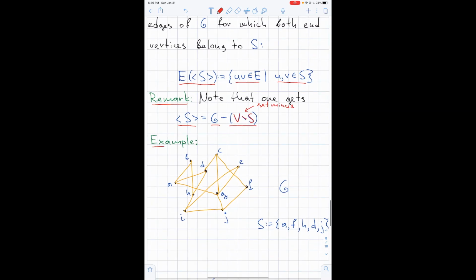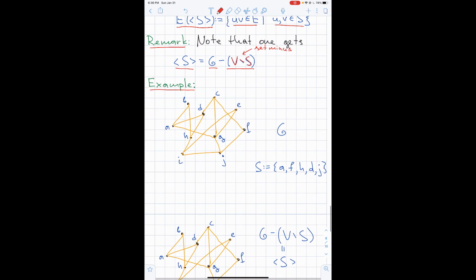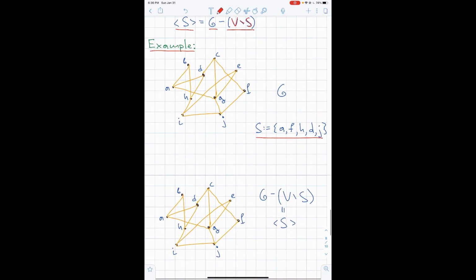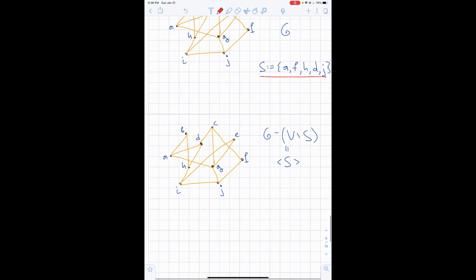So here are some examples. Let's say we have this graph G, and let's say that we have this set S consisting of vertices A, F, H, D, and J. What's going to be the graph induced by this subset S? I need to remove all the vertices that are not in this subset. I do keep A, but I remove B, and together with B, I remove all the edges from B. C is also removed.